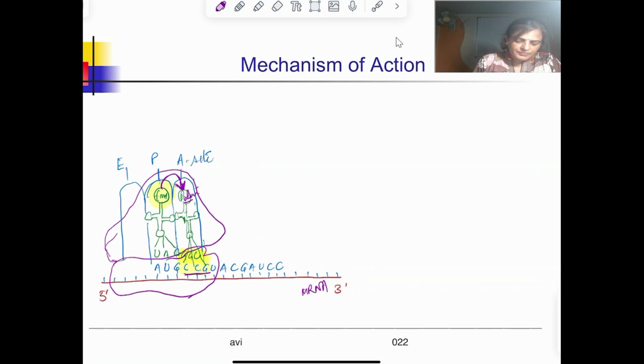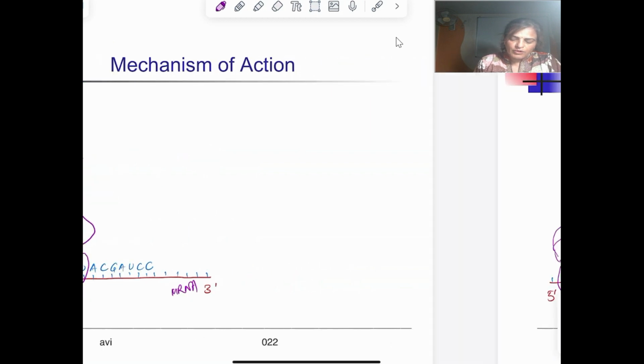Now what happened? The amino acid on the peptidyl site will be transferred from the peptidyl site to the acceptor site, and a new peptide bond formation will be there.